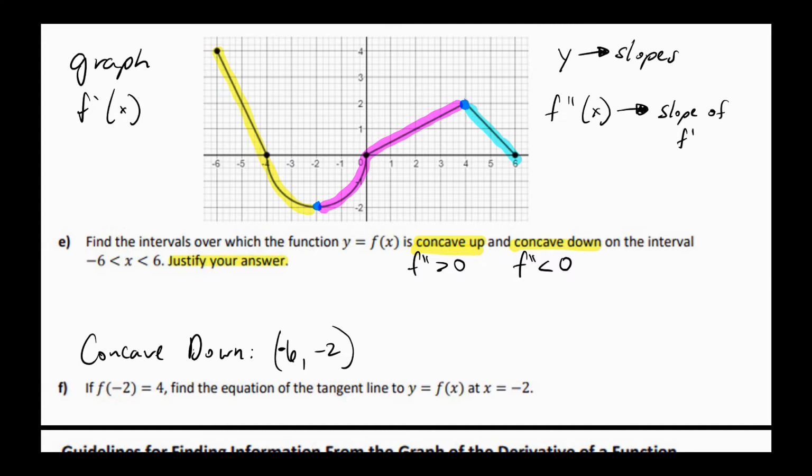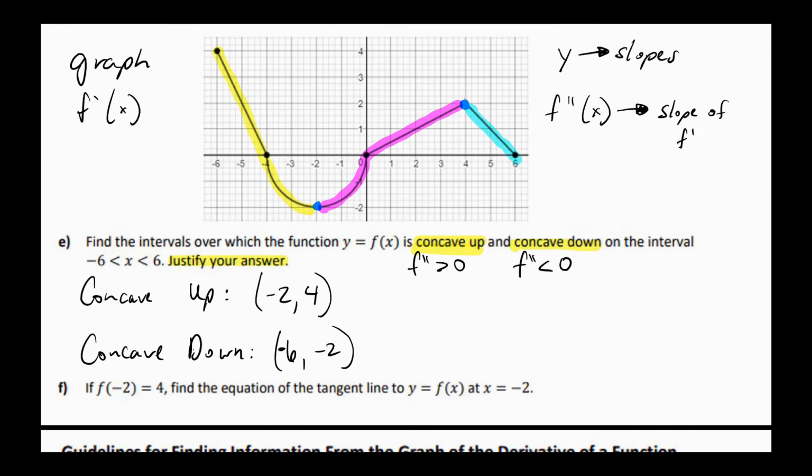Okay. Now the pink part, is that concave up or concave down? Is it doing the same thing as the yellow, or is it doing something completely different? It's doing completely different. It's going back uphill. It's increasing. So that means it's concave up. So -2 to 4.